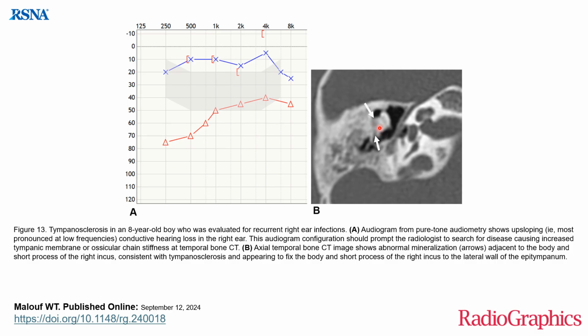So this is that same level axial CT image where we saw the ice cream cone appearance, and if you remember, we should see this black air completely surrounding the ear ossicles. But in this case, we have a missing air which is replaced by this mineralization. So there is a joining of the lateral epitympanic wall with the incus through the abnormal mineralization, which is leading to the conductive hearing loss in this case.